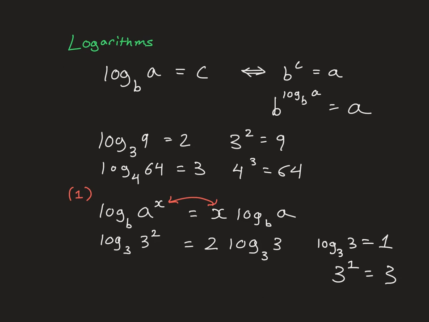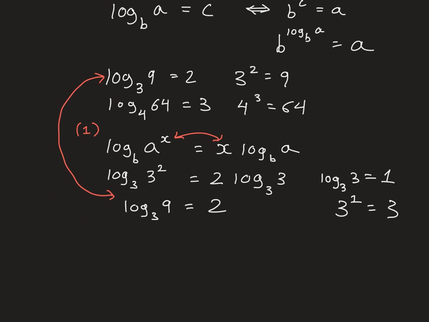So that means that log base 3 of 9 equals 2, which we already saw before. So that's just an example of one instance in which this property works. So let's underline the property in green.